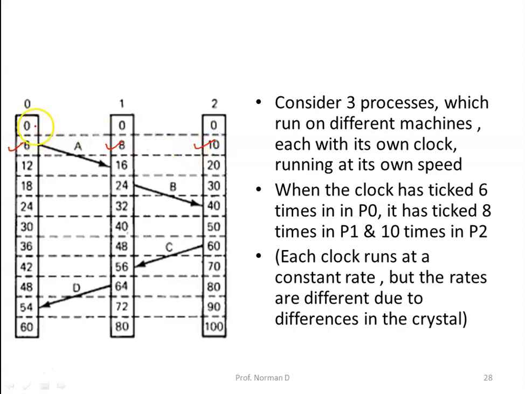Each clock runs at a constant rate. If you see the values over here, values are constant, right? But the rates are different across all these 3 because there is difference in the crystal.